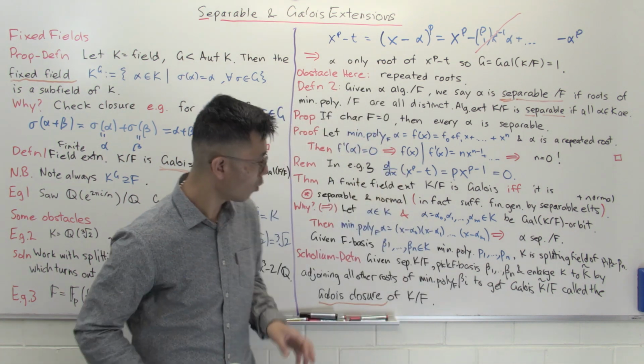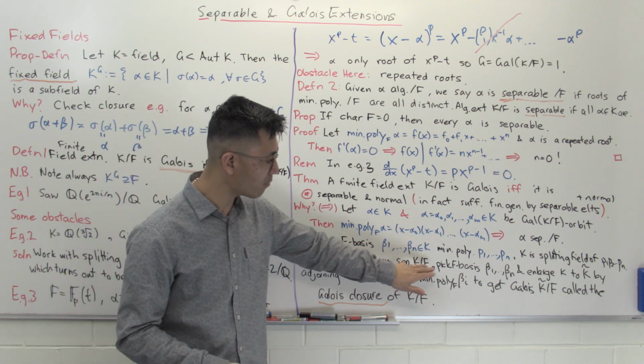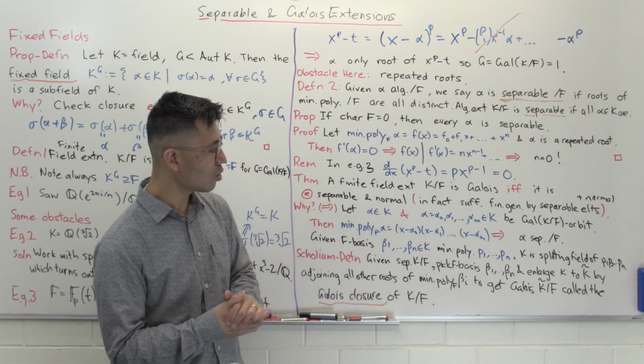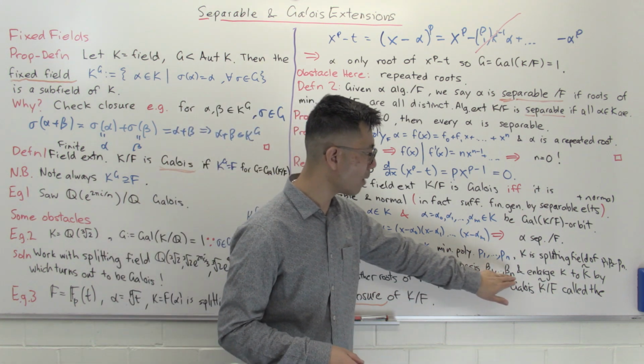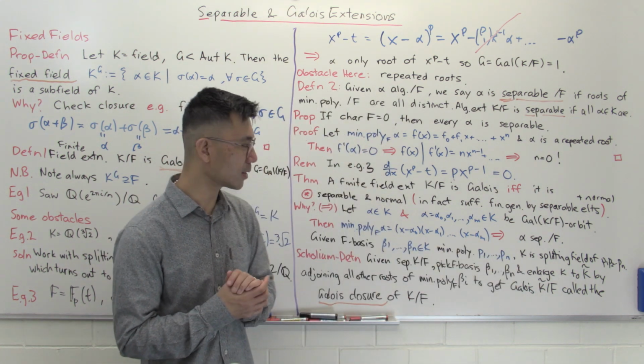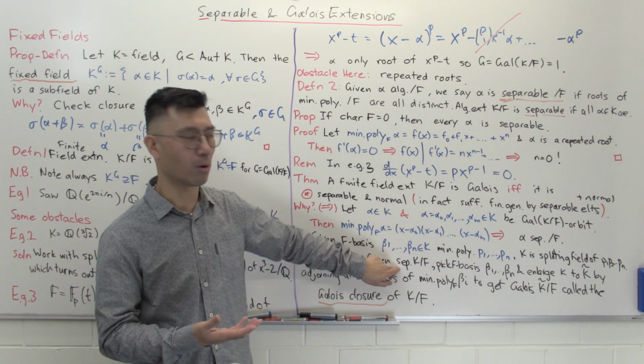So let me finish off with this Scholium definition. Suppose you're given some separable field extension K over F. What you can do is something similar to what we did in this proof. We pick an F basis beta 1 up to beta n. It may be that it's not Galois because it's not normal.